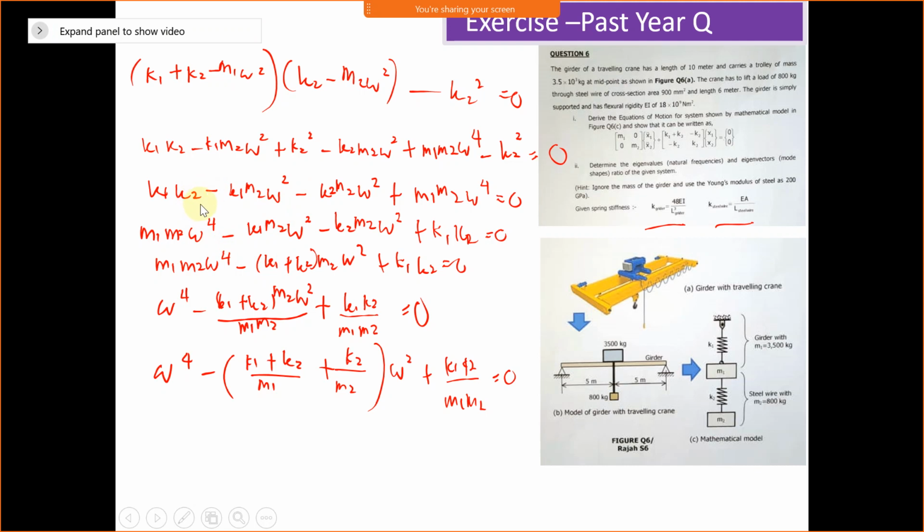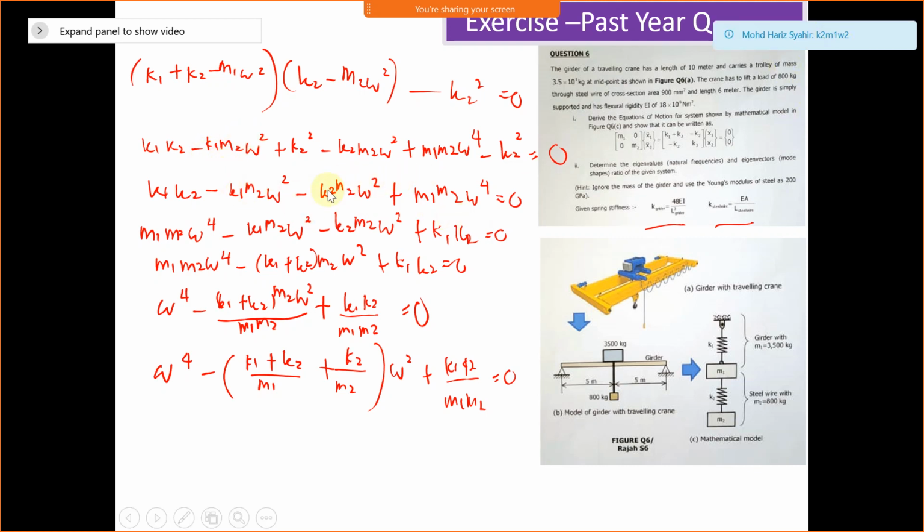K1 K2 minus K1 M2 omega square minus K2 M2 omega square. Dia tinggal K1 M2 omega square minus K2 M2 omega square plus M1 M2 omega. Sekejap, saya tengok balik ni. Kat mana ni?